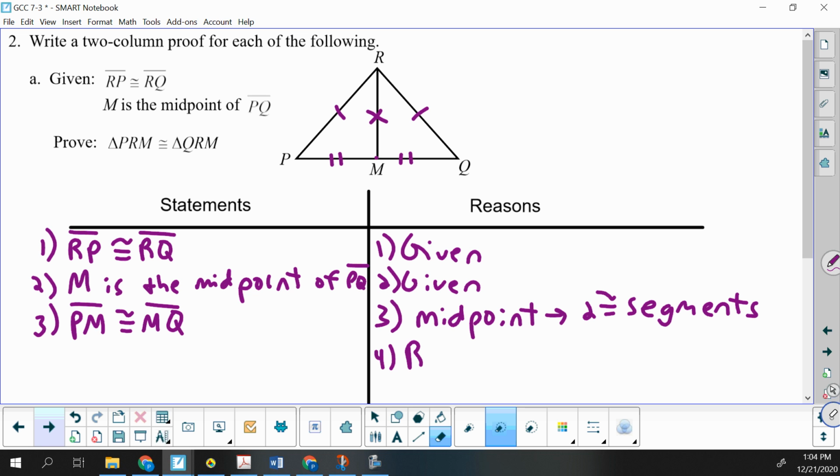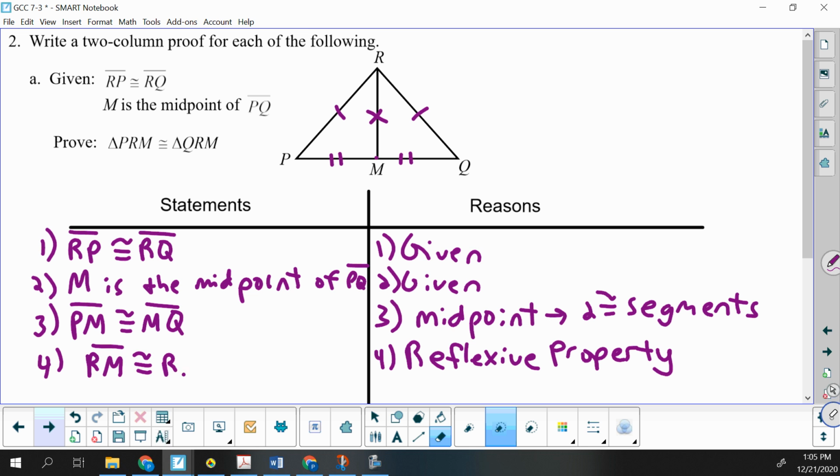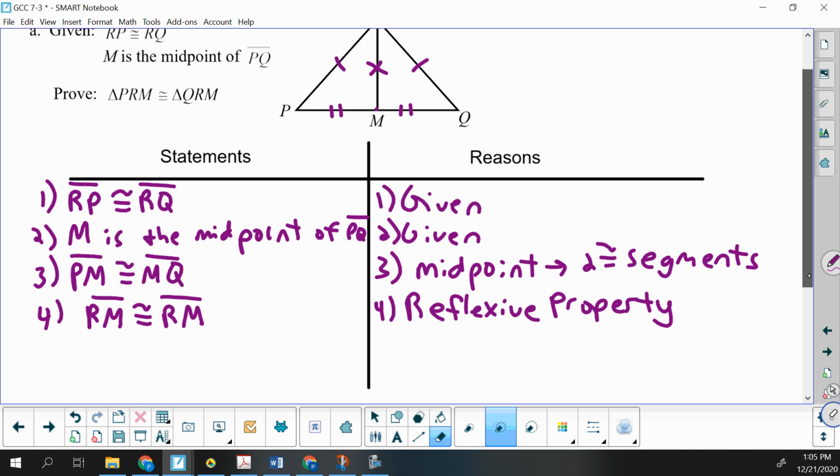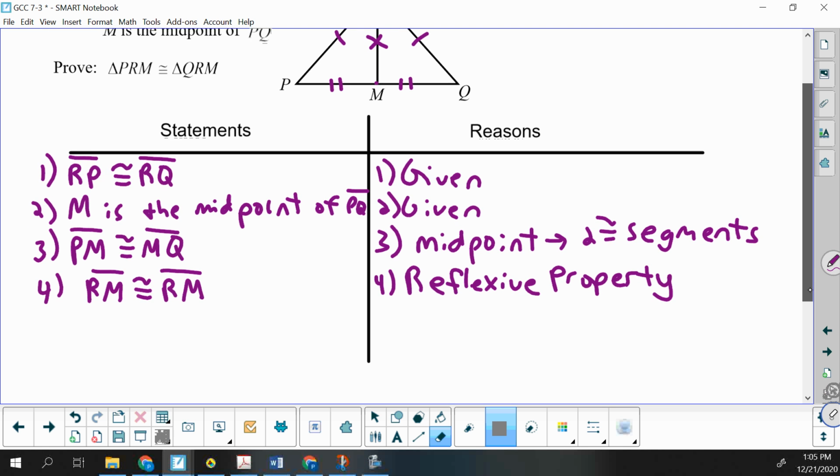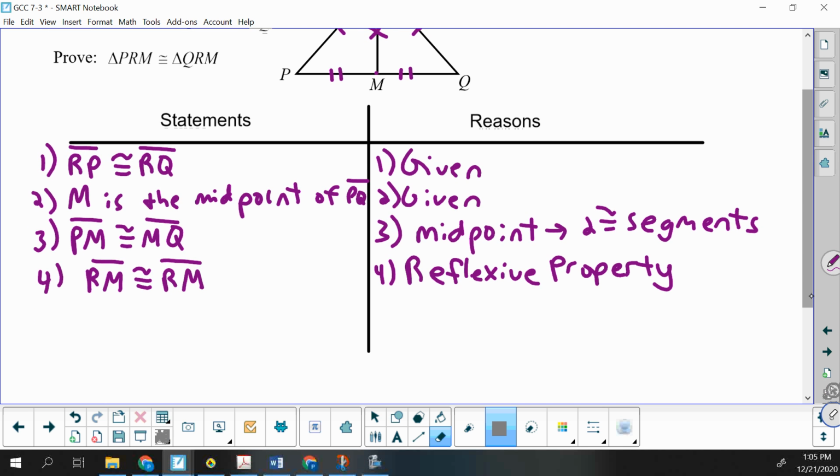We'll write for our reason reflexive property, and our statement is just that RM is congruent to RM. Reflexive is just something congruent to itself. And remember, reflexive property and vertical angles do not need to be given to you. You can just pick them out from the picture.